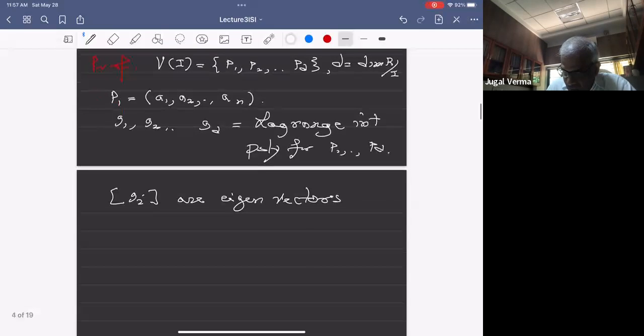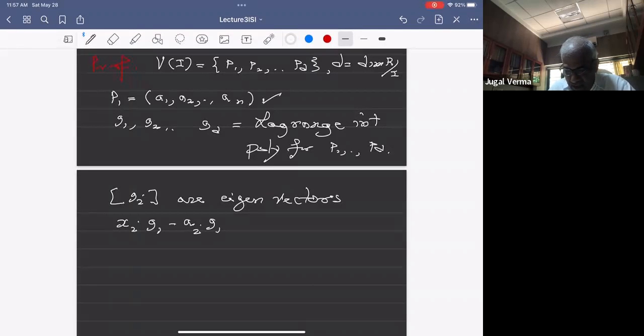So let's just verify. Look at x_i g1 minus a_i g1. My point is this: I want to show that the coordinates of these points are eigenvalues of M_x1, M_x2, ..., M_xn.